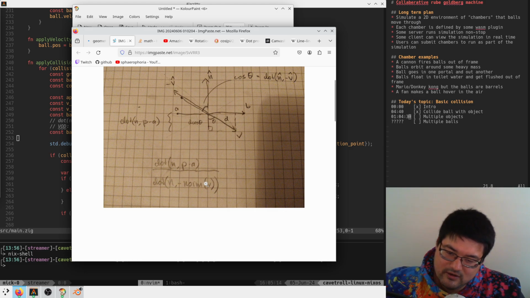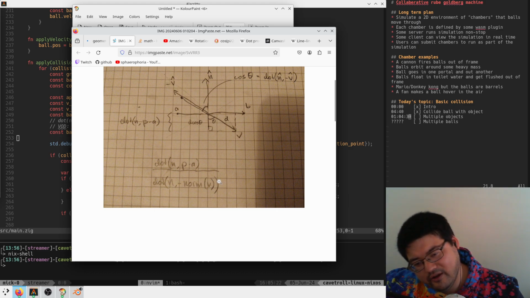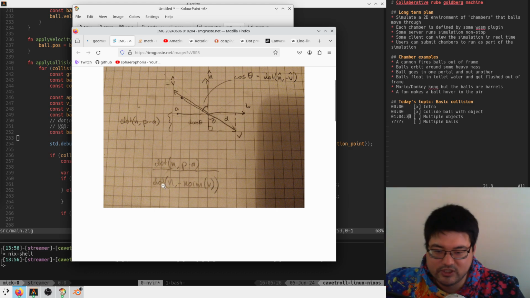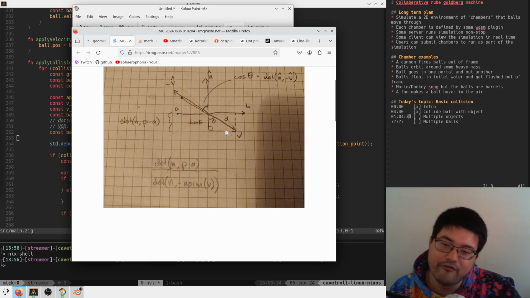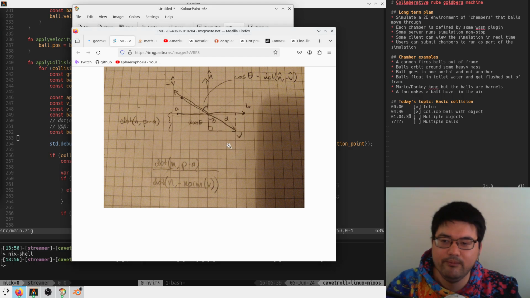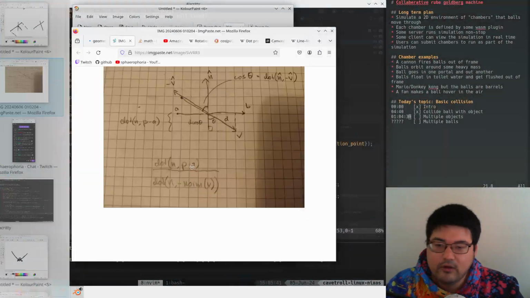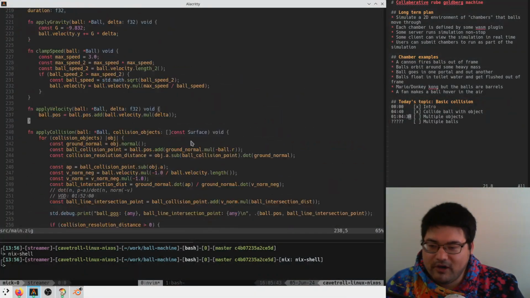So this is the normal vector scaled by the angle in some way. Oh, dot n over norm v is just the cos theta. Right. So cos theta is this, which is this distance here, which is how far I need to get back to the surface. Yep, you're right. You are right. Thank you. You got me there.